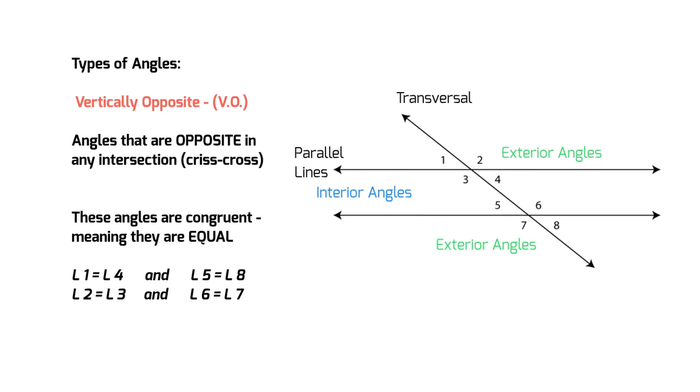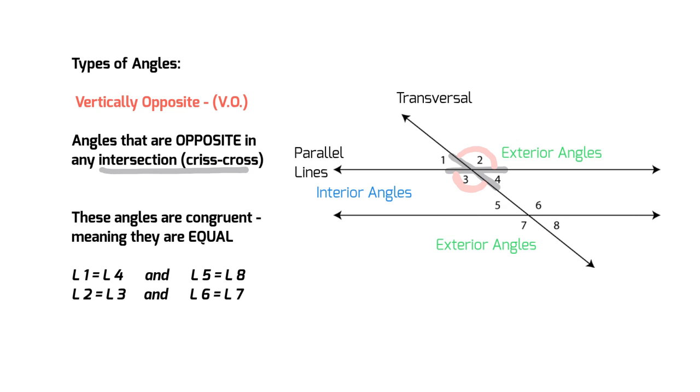Our last relationship is vertically opposite angles. Vertically opposite angles is where we have 2 angles that are opposite a crisscross or an intersection. So here we have 2 lines that are crossing over. Vertically opposite means that they are facing each other.